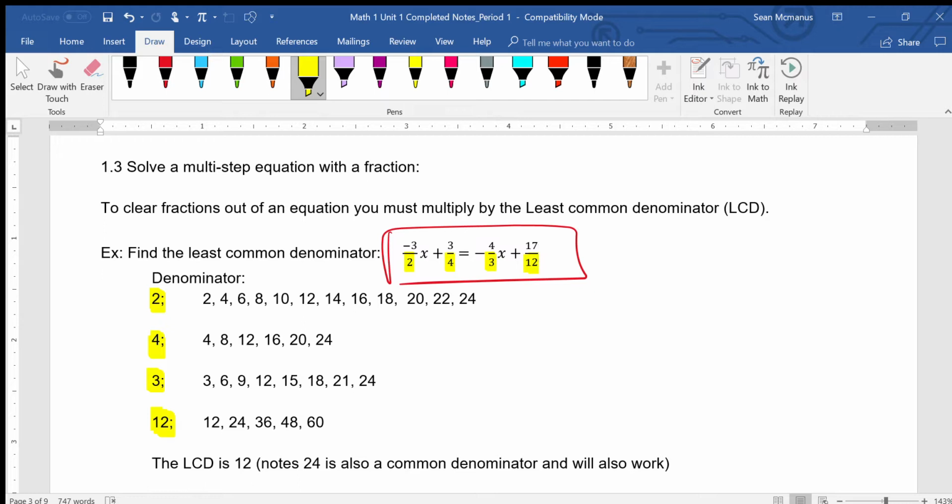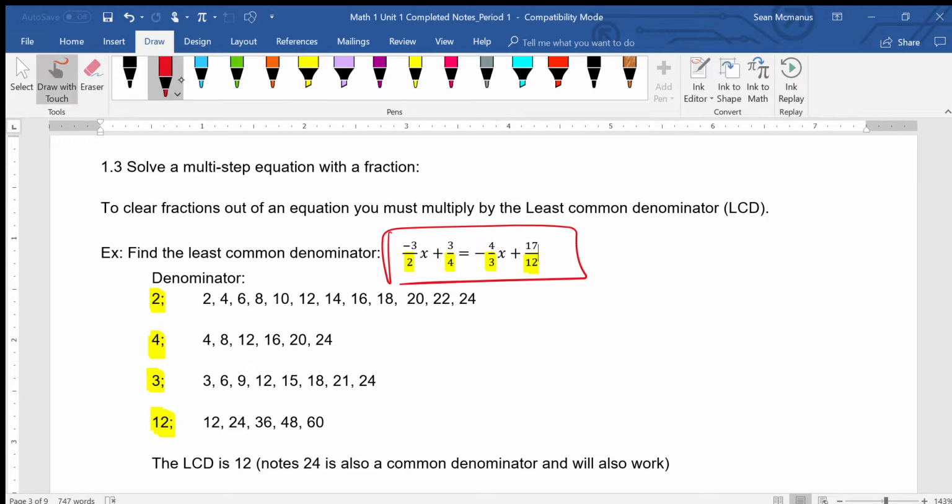If I'm trying to find the lowest common number that they all have in common, I'm going to list the multiples for each of those numbers. So 2, if I count by 2s: 2, 4, 6, 8, 10, 12, and so on. 4s: 4, 8, 12, 16, 20, 24. 3: 3, 6, 9, 12. You can see what we're doing there.